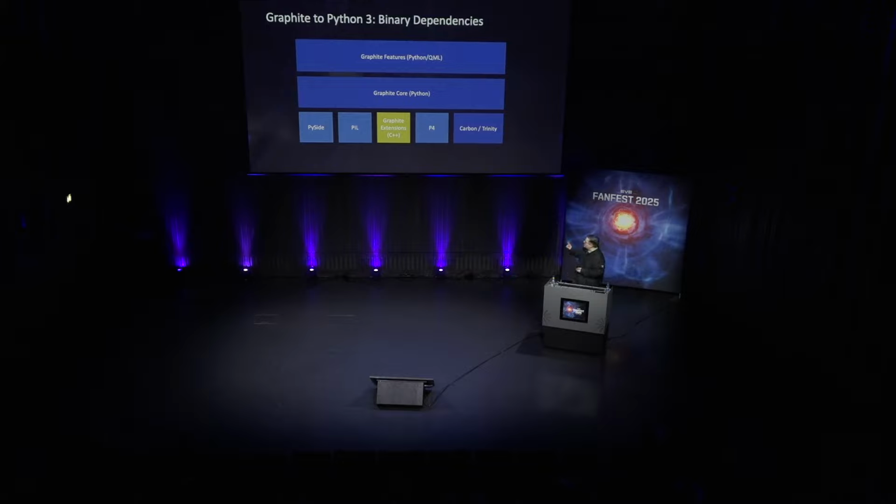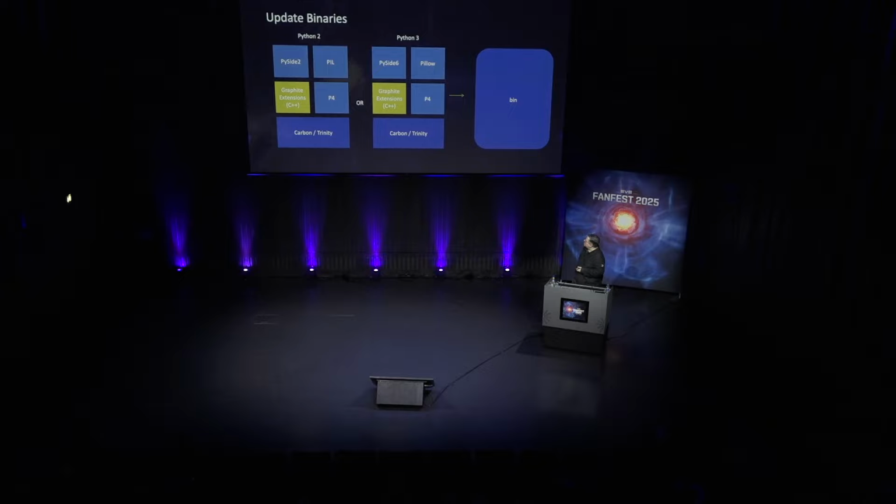And all of these things have to be different between Python 2 and Python 3 in order to work. So the way that we have solved that problem is we have two versions of all of those. And when you launch Graphite, it fires off a thing called update binaries, which copies the right version into the right place. So at the time we're launching Graphite, we have versions of all those libraries that present a consistent interface to Graphite, and they're appropriate versions for Python 2 and Python 3.